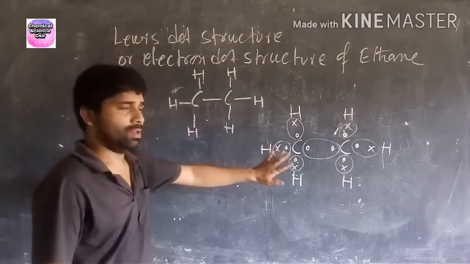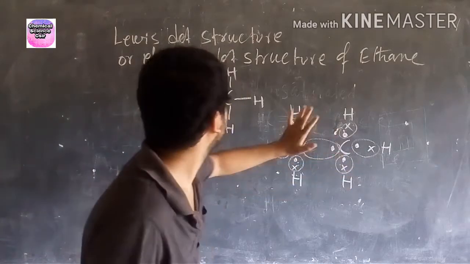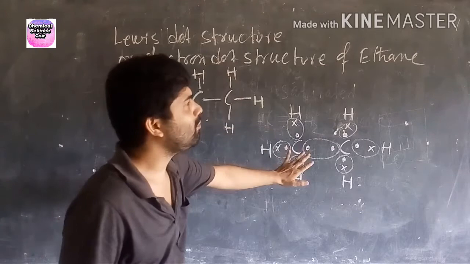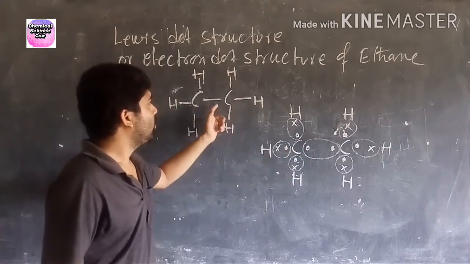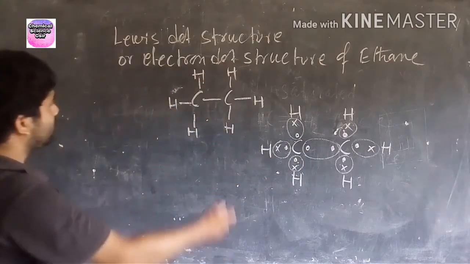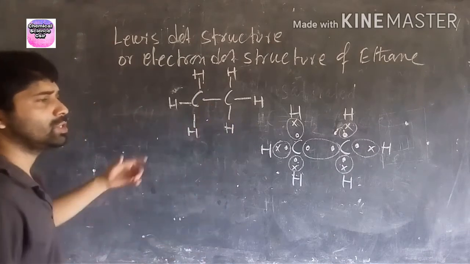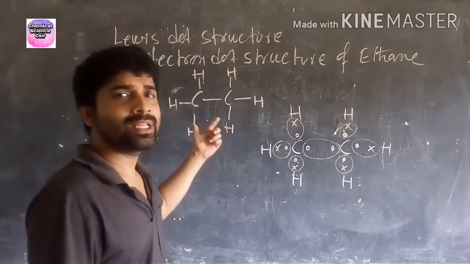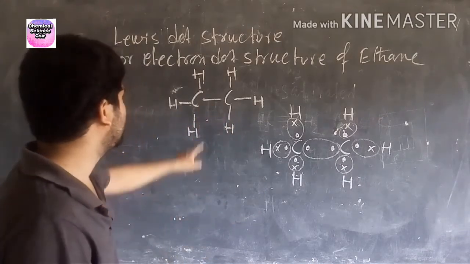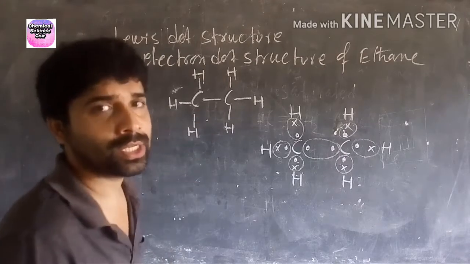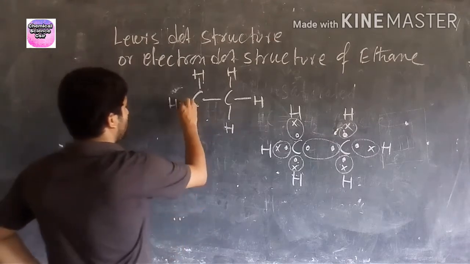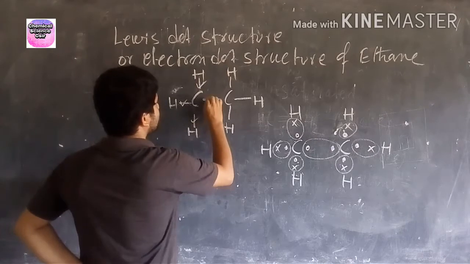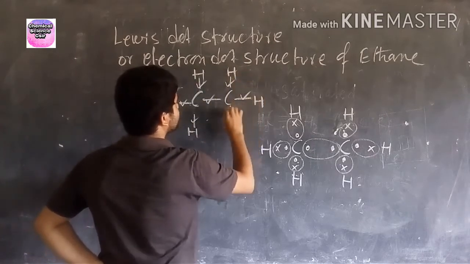So this is the representation of the electron dot structure of ethane. Now, in this compound you have to see how many sigma bonds are present. You can count 1, 2, 3, 4, 5, 6, 7.